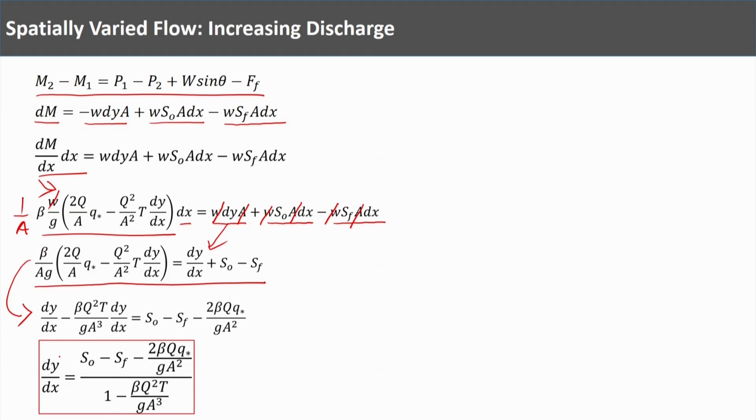If I simplify it for dy by dx, finally I am getting this equation: S0 minus Sf minus twice beta Q q* divided by g A squared, and divided by 1 minus beta Q squared T by g A cubed. Okay. So, this is the equation for spatially varied flow with increasing discharge.